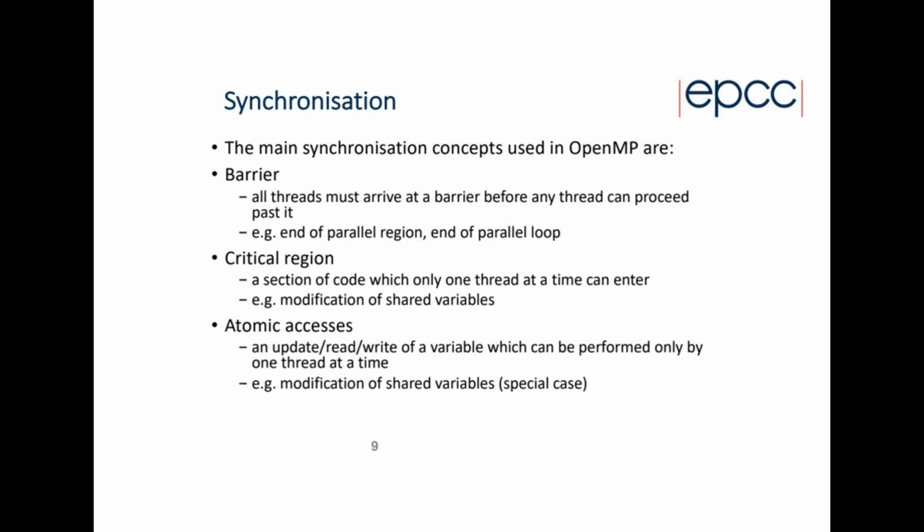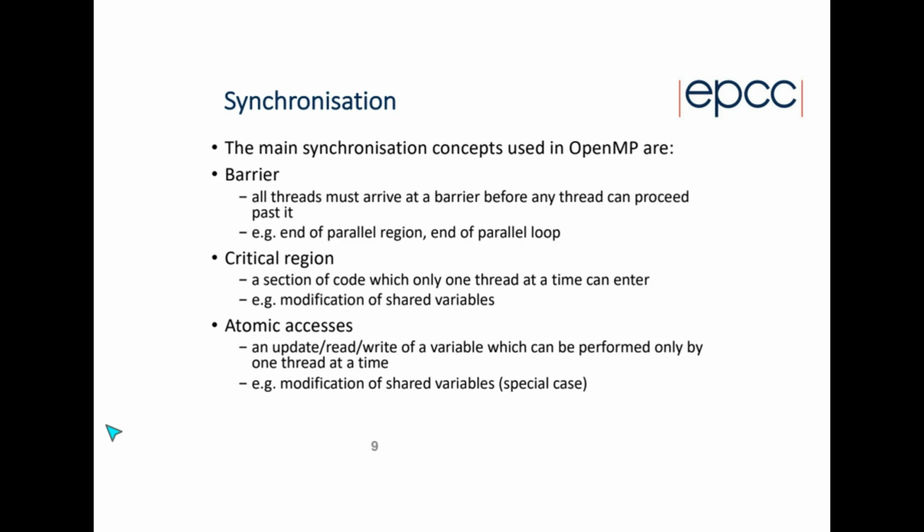We can place those updates inside a critical region, and that makes sure that only one thread at a time can execute that. It doesn't make any guarantees about the ordering. It doesn't say which thread is going to execute the update before any other thread. It just makes sure that only one thread at a time can execute that piece of code.